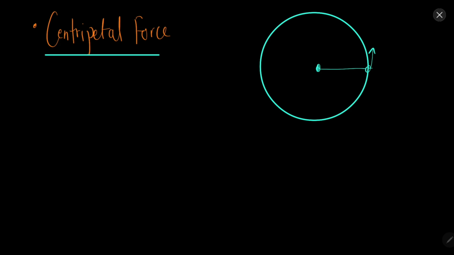So there is this force which is holding the particle in a circle. Now that force can be termed as the centripetal force. The force is in this direction, and obviously if the force is in this direction, then there will be one acceleration also here. So obviously that is the radial acceleration.